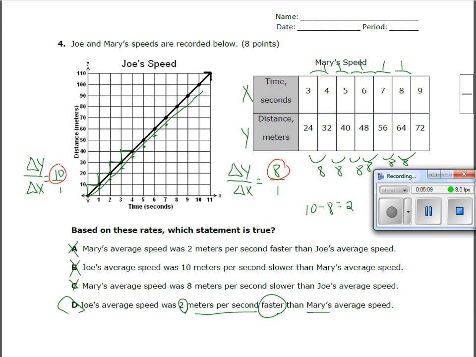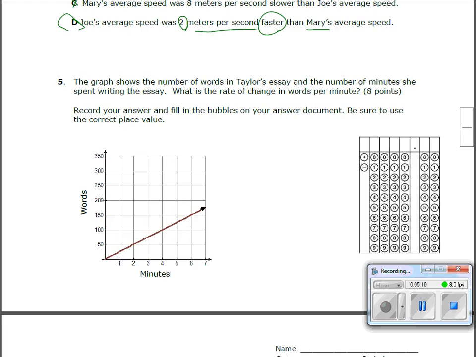Number 5, the graph shows the number of words in Taylor's essay and the number of minutes she spent writing the essay. What is the rate of change in words per minute? The rate of change is the change of y over the change of x. So if you look here, change of y is 50 and over is 2. So I would have 50 over 2, which is equal to 25 over 1.